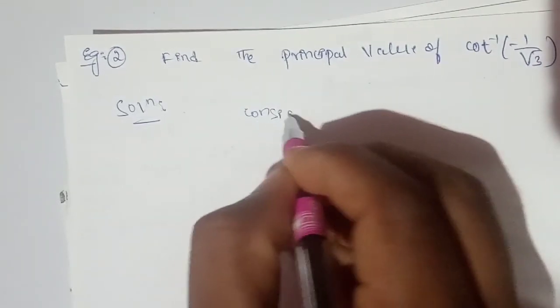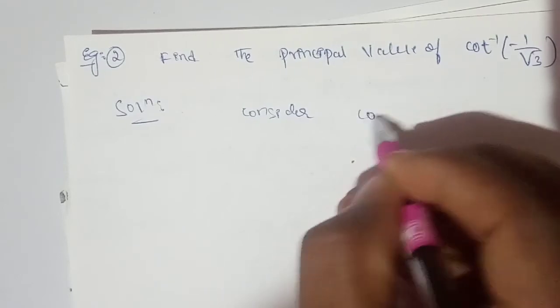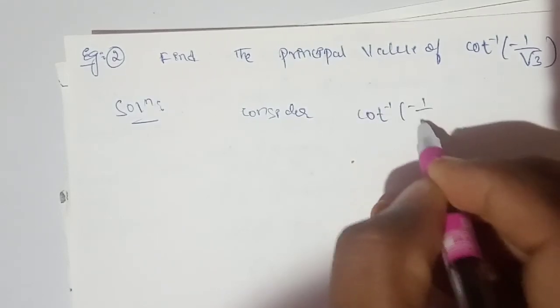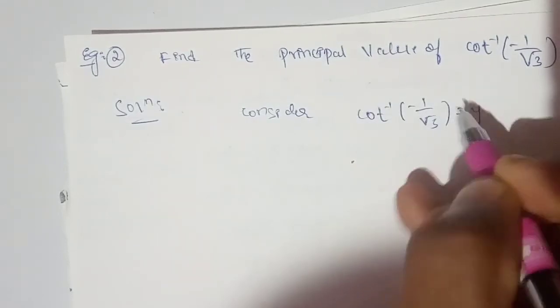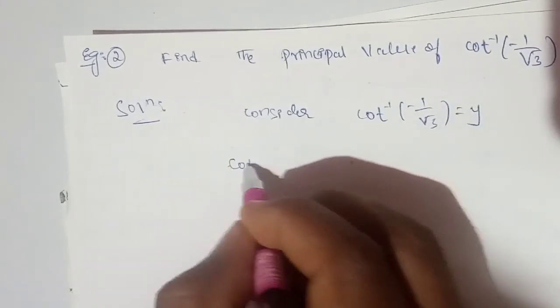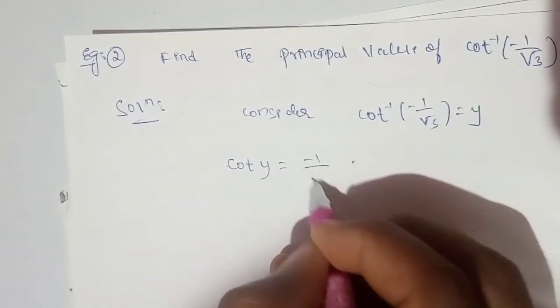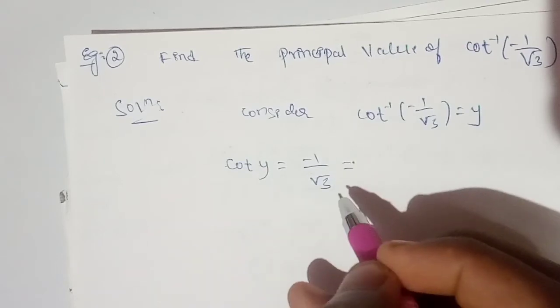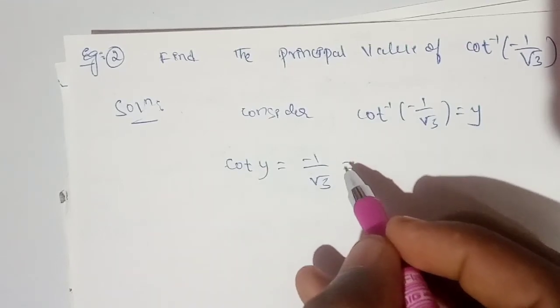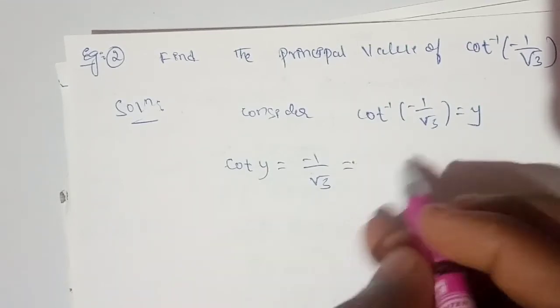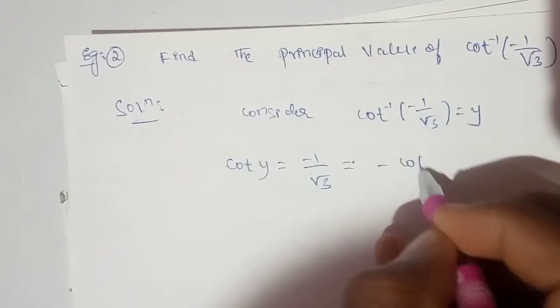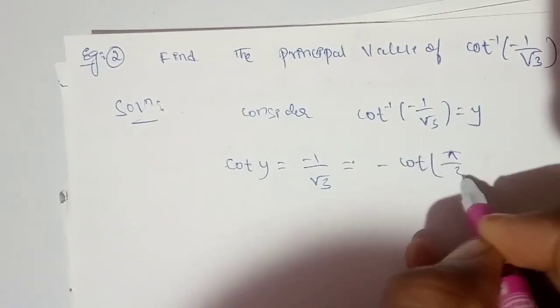Consider cot inverse of minus 1 by root 3 is equal to y, and cot y is equal to minus 1 by root 3, which can be written as minus cot of pi by 3.